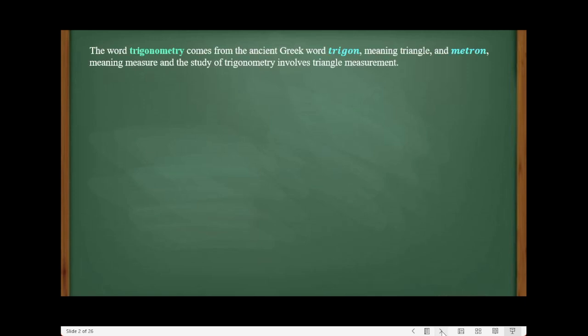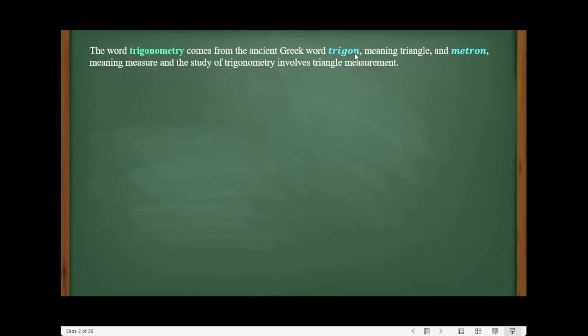Now for our next slide, let us have the topic, which is trigonometry. The word trigonometry comes from the ancient Greek word trigon, which means triangle, and metron.